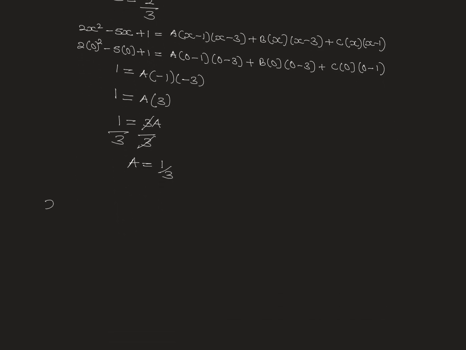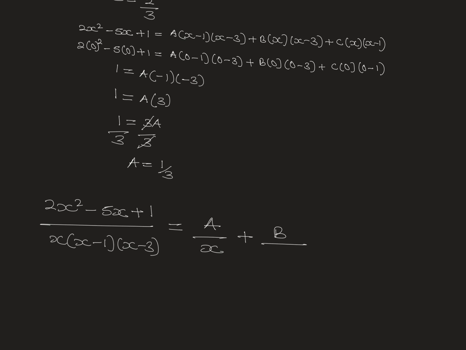That is, we have 2x squared minus 5x plus 1 all over x into x minus 1 into x minus 3. This is equal to a over x plus b all over x minus 1 plus c all over x minus 3.